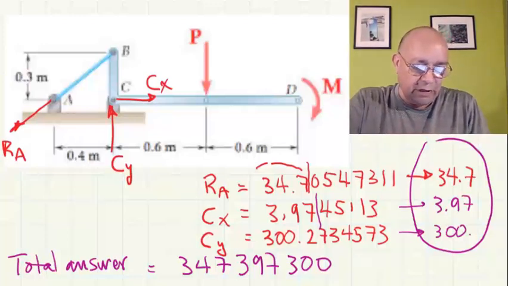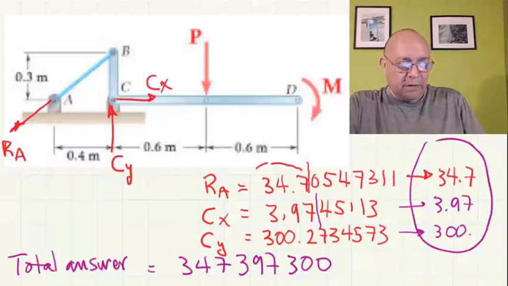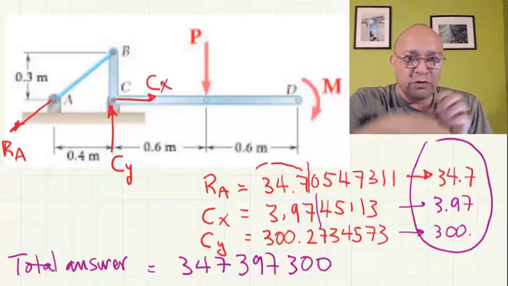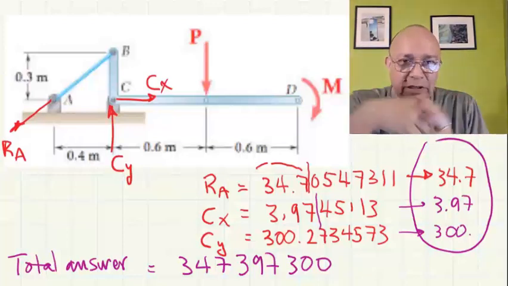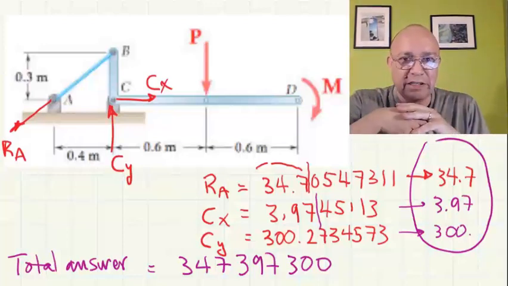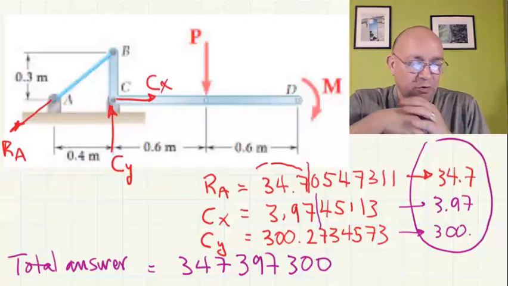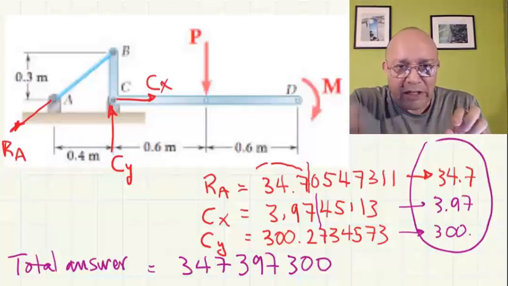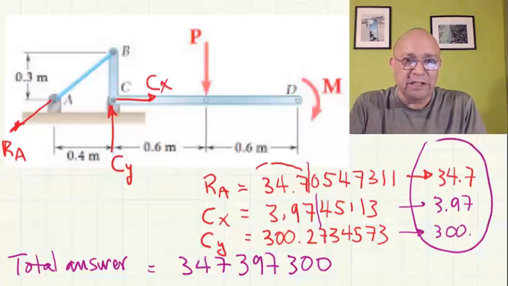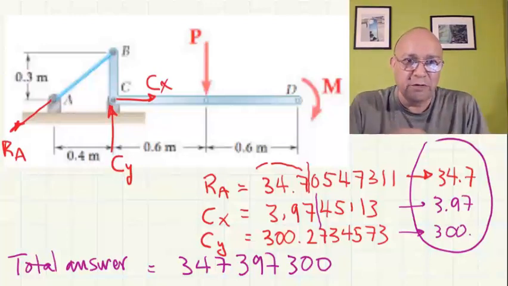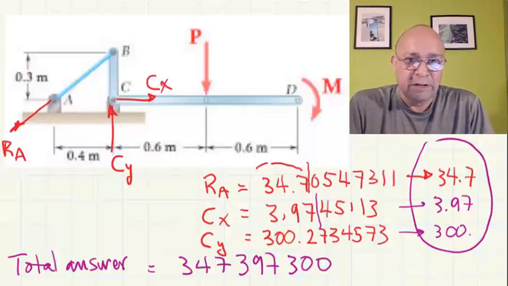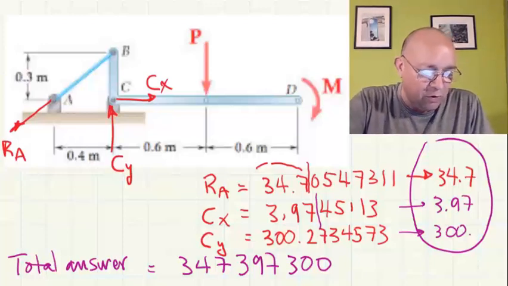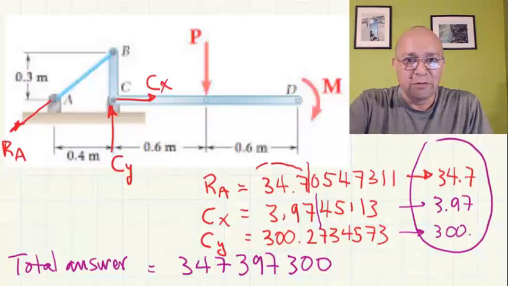So if you don't cut the numbers to the three significant digits correctly, you eventually did the problem correctly, but you put the wrong string of digits in the computer, and the computer will give you no credit. And look, if you make a mistake in one of those, all of them will be wrong.